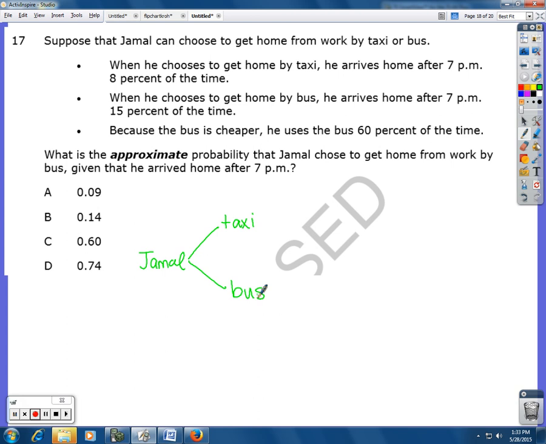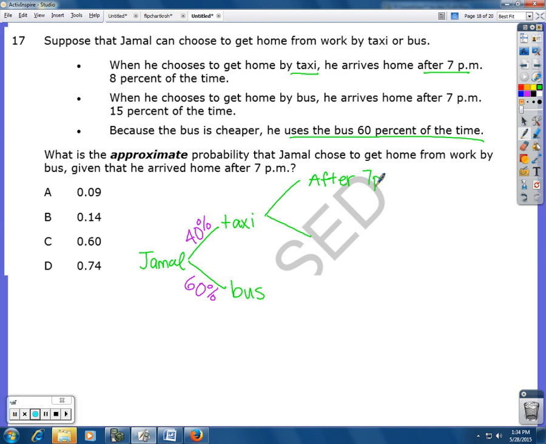Now it says that he uses the bus 60% of the time. So that means 60% of the time he's on the bus, and 40% of the time he's on the taxi.